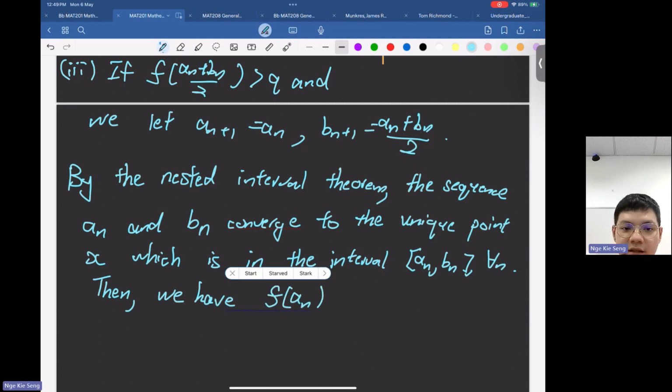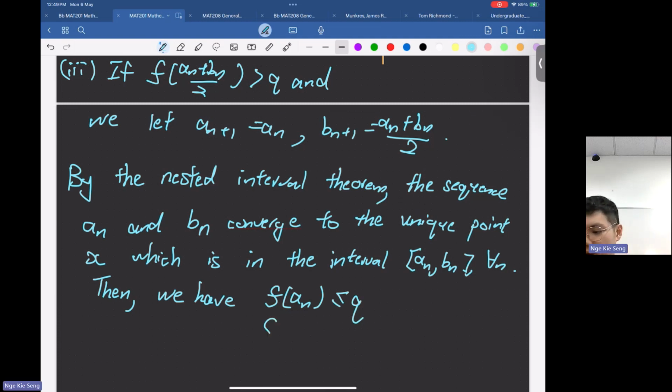We have f(a_n) less than or equal to q all the time. We also have f(b_n) greater than q all the time.